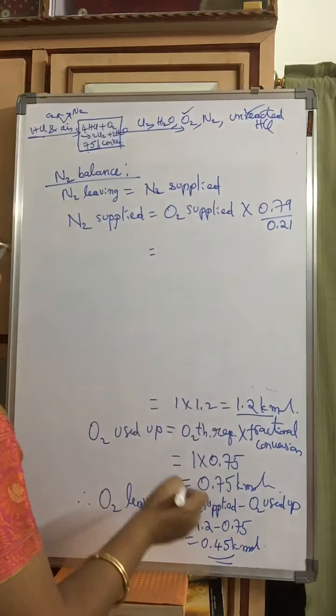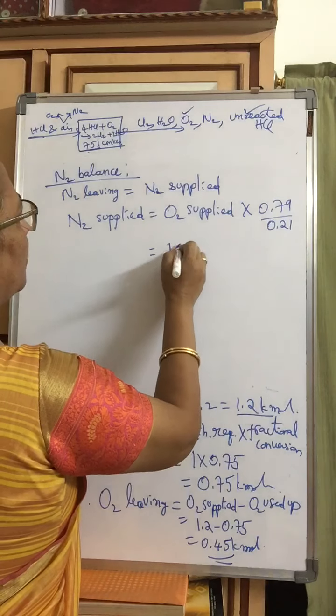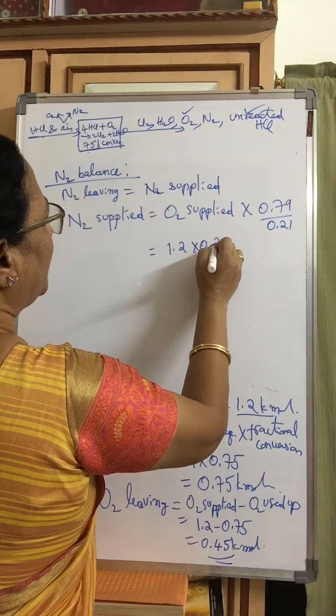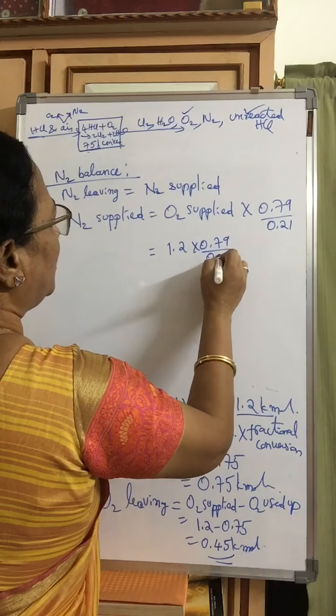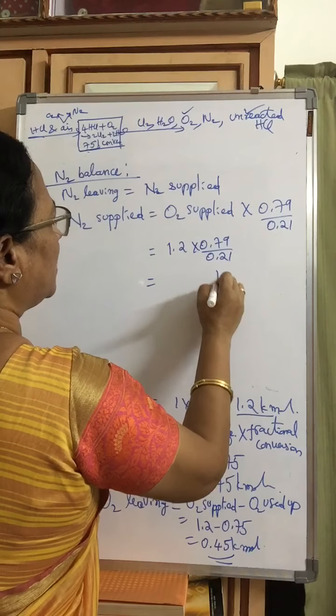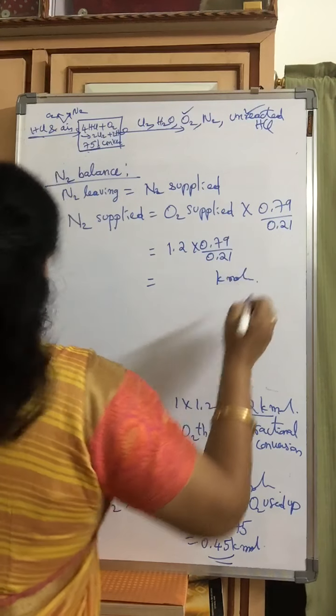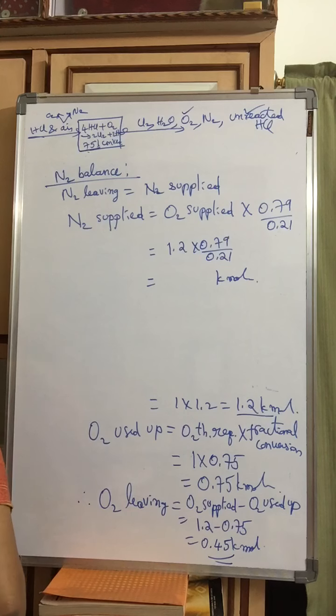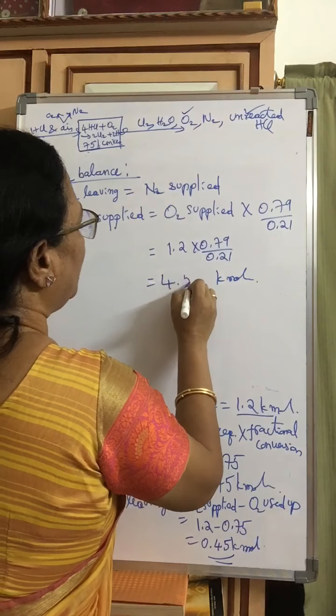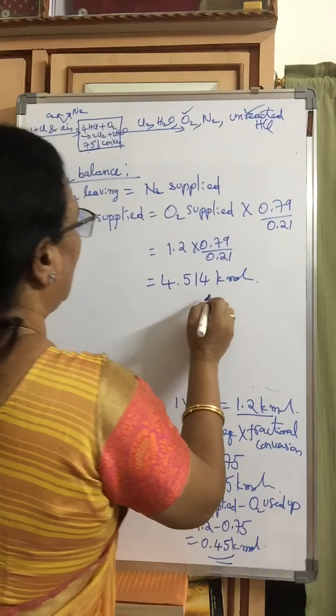Oxygen supplied is 1.2, so 1.2 into 0.79 by 0.21 gives 4.514 kilomoles.